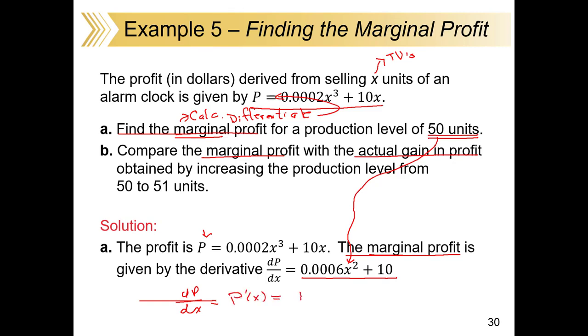And what you're going to do, since you're interested in the 50 unit level, is you're going to put the 50 in where that x is. So you have 0.006. There goes your 50. If you look at that derivative, or the marginal profit, you're going to square that and add a 10 to it. That'll be your marginal profit.